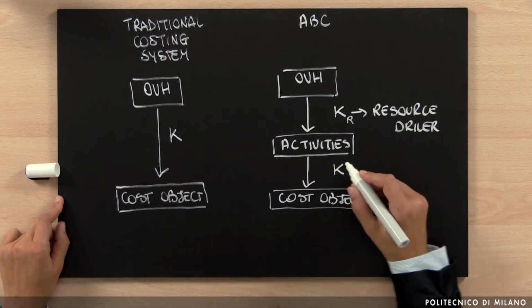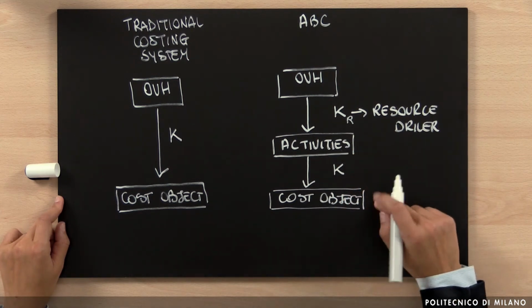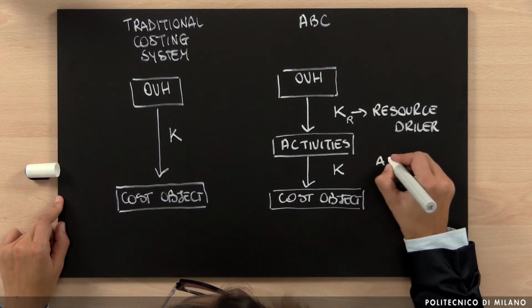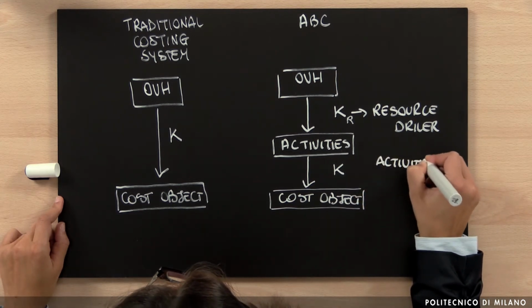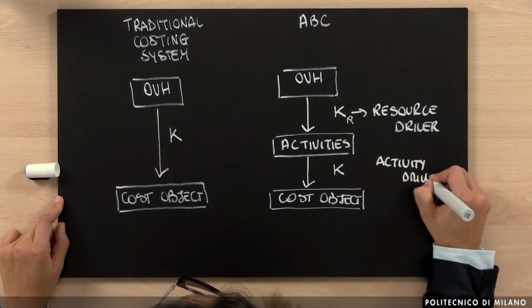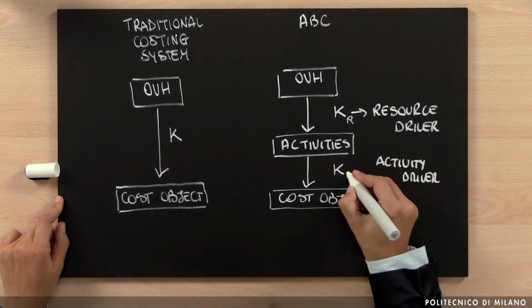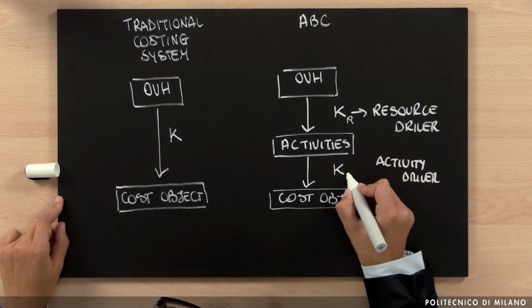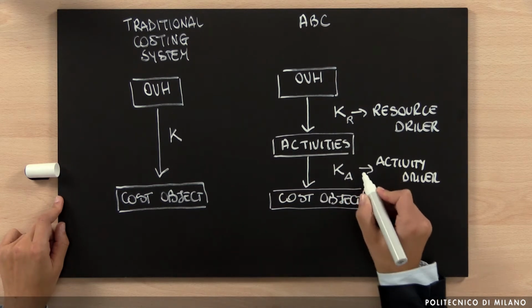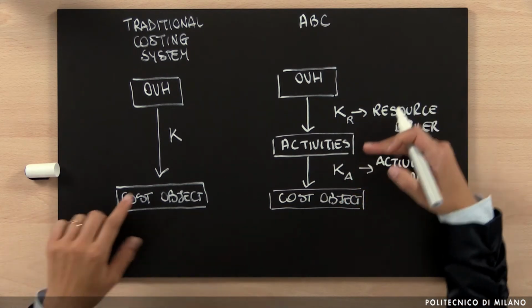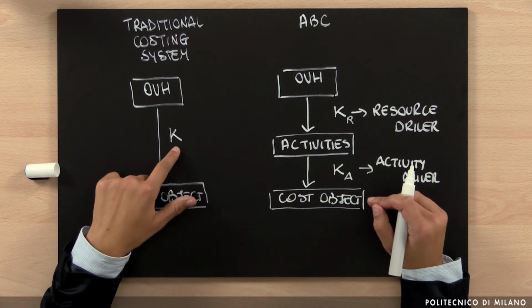While in this case, we are assigning the value of the activities to the cost object. So this driver is defined as activity driver, and we can also define this K as K of the activity driver. They have different names, but the approach is exactly the same that we use for a traditional costing system.